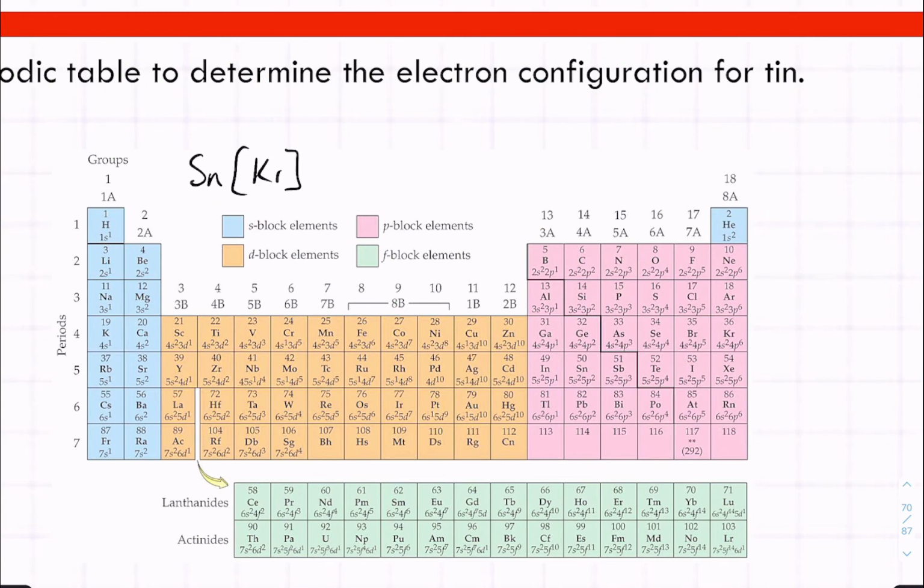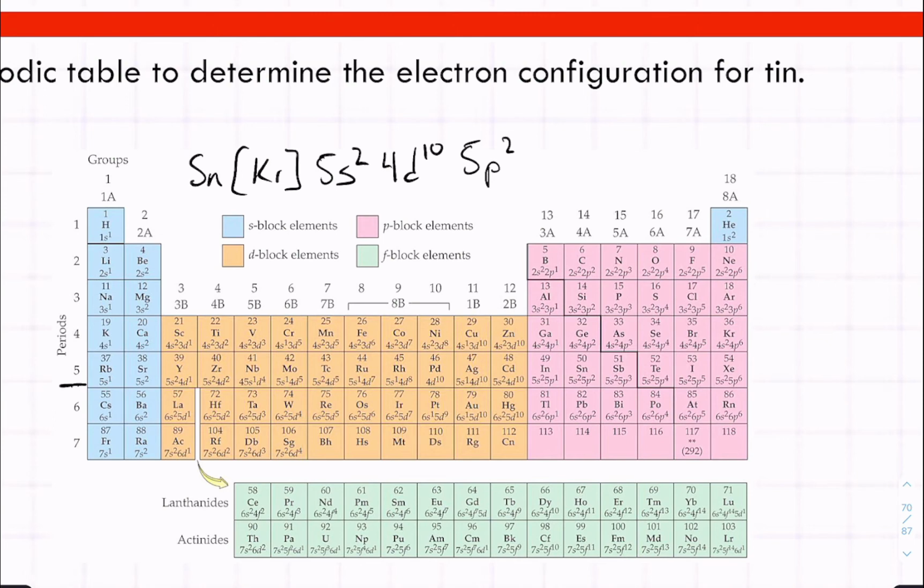What's next? 5s, because they're in the 5th row. 5s2, because we're past the s block. 4d10. 5p2.